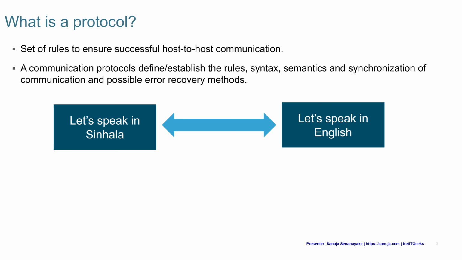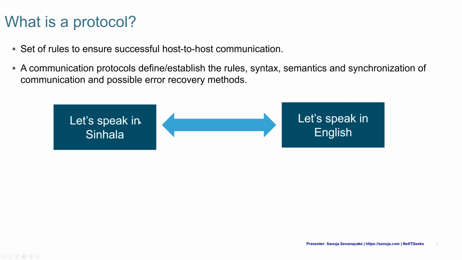So for example, even when you're speaking to someone, a human, you have to define a set of rules. If I decided to speak in Sinhala, but someone else decided to speak in English, we have a breakdown in communication. So we have to establish a common language. I can't speak in Sinhala and the other person cannot speak in English if either party doesn't understand the language.